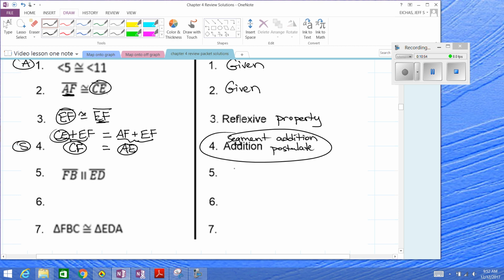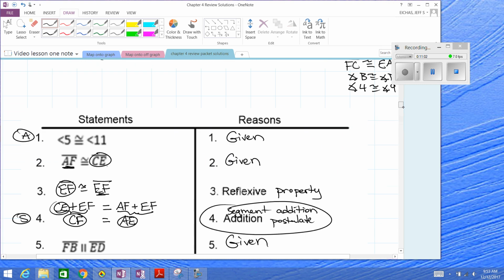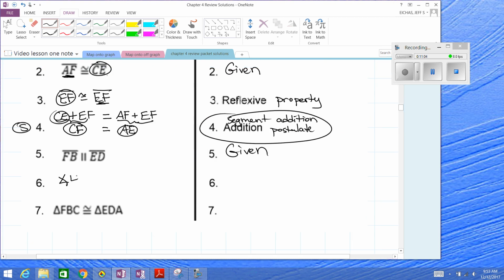Good enough. I believe this was given, and as a result, we're going to get those alternate interior angles, and that was angles 4 and 9. Angle 4 is congruent to angle 9. And this is up to your teacher stylistically. I'm going to write it out, but theorem's going to be okay here.